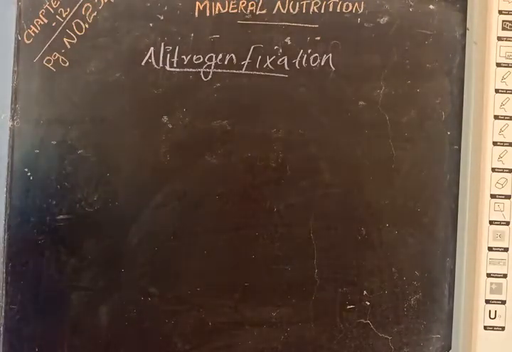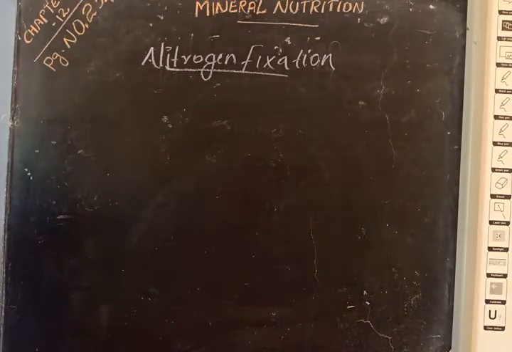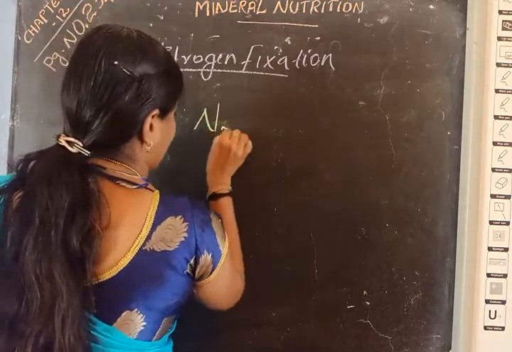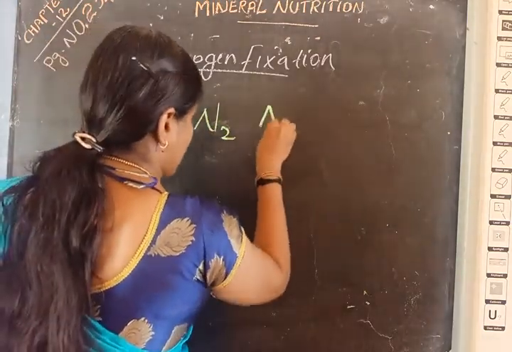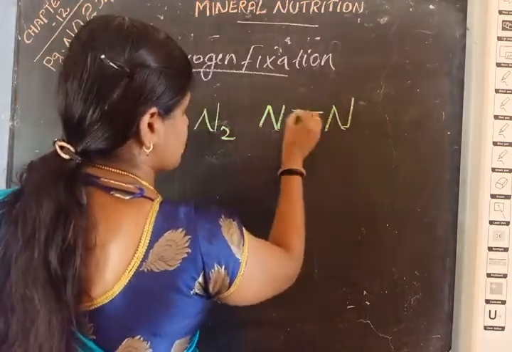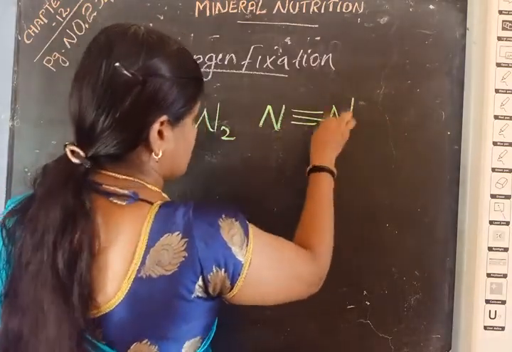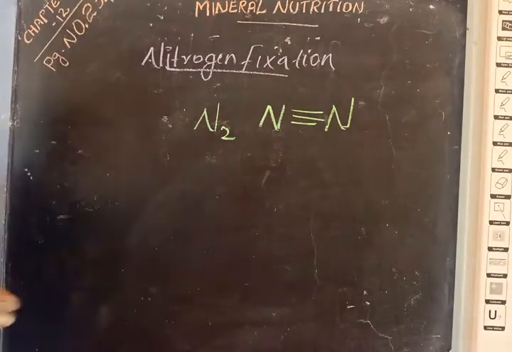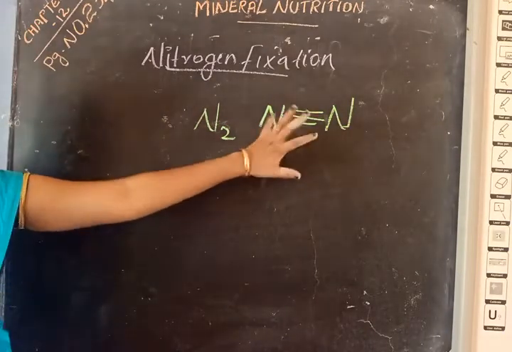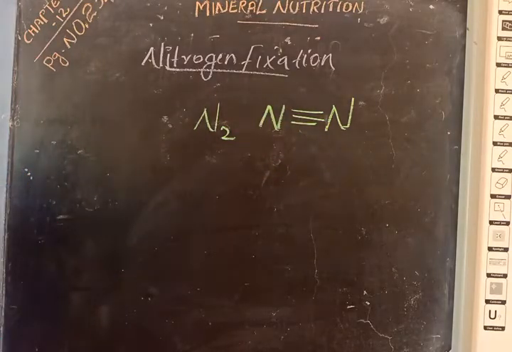We know that life on earth depends on the nitrogen cycle. In the atmosphere, nitrogen is in the form of N2, that is two nitrogen atoms bonded with a strong triple bond. So nitrogen is available in the atmosphere in the form of N2, and it is highly stable in nature.